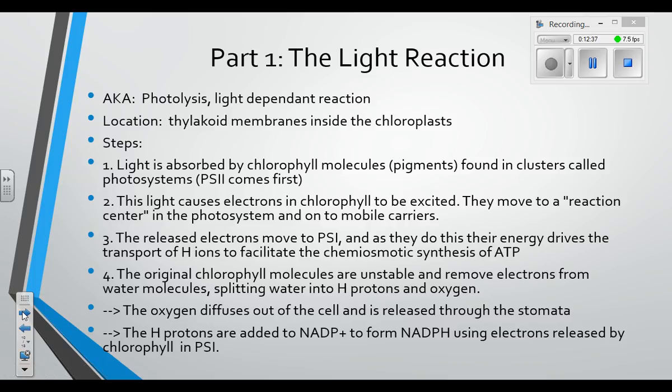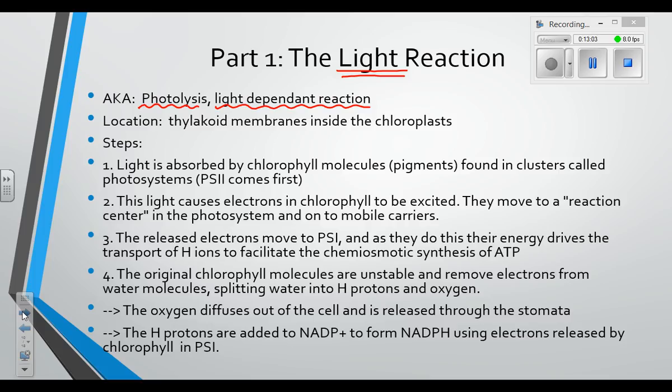So part one, the light reaction, could also be known as photolysis or the light-dependent reaction. So any of those three names is acceptable to me if you want to talk about the first part of photosynthesis. Light reaction, photolysis, light-dependent reaction.